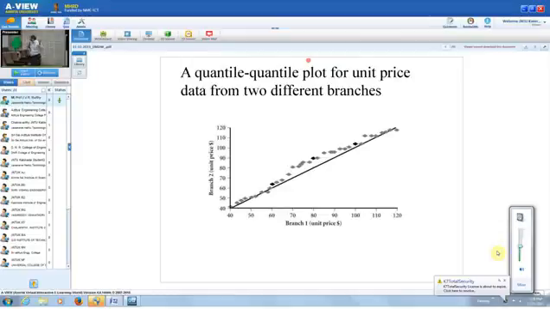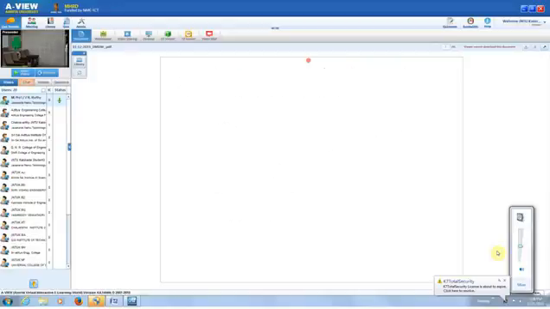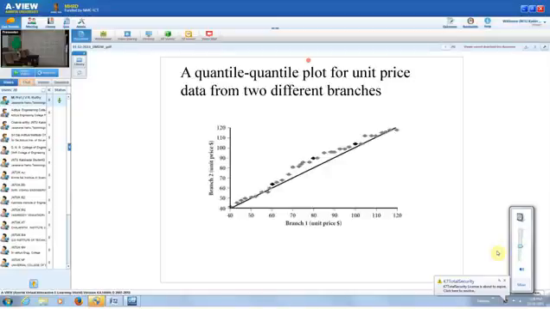So you have to have equal quantile points and you have to plot them. That is the second point. Next, the scatter plot. So this is the second one. Next. So this is the quantile-quantile plot for unit price data from two different branches.